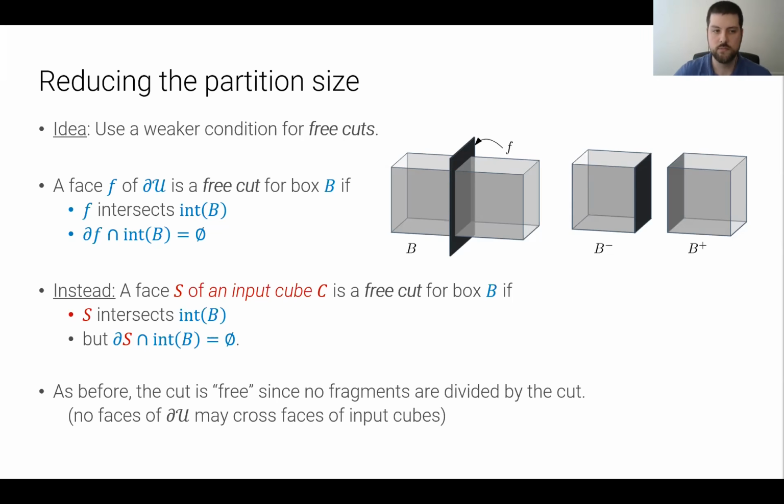And so, testing intuition. Of course, it's free in the sense that there are no boundary faces crossing through a face of this input cube as they lie in the union. So at a high level, we have the same property, but how does this manifest in the analysis?